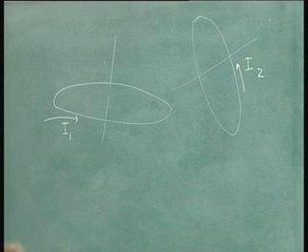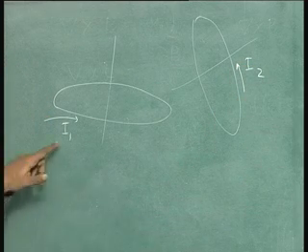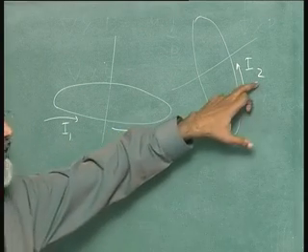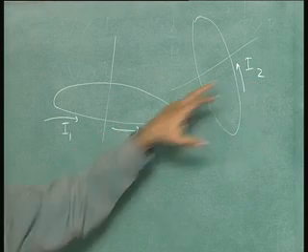The total magnetic field at every point is due to the magnetic field in I1 and due to the magnetic field due to I2.